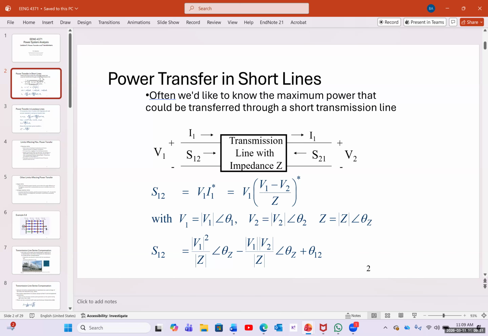And Z is the magnitude of Z with the angle of theta Z. Now, if we multiply V1 and replace this with the polar form, it's going to be V1 squared over Z with the angle of theta Z, and then, by the way, minus V1 V2 over Z with the angle of theta Z plus theta 1,2.